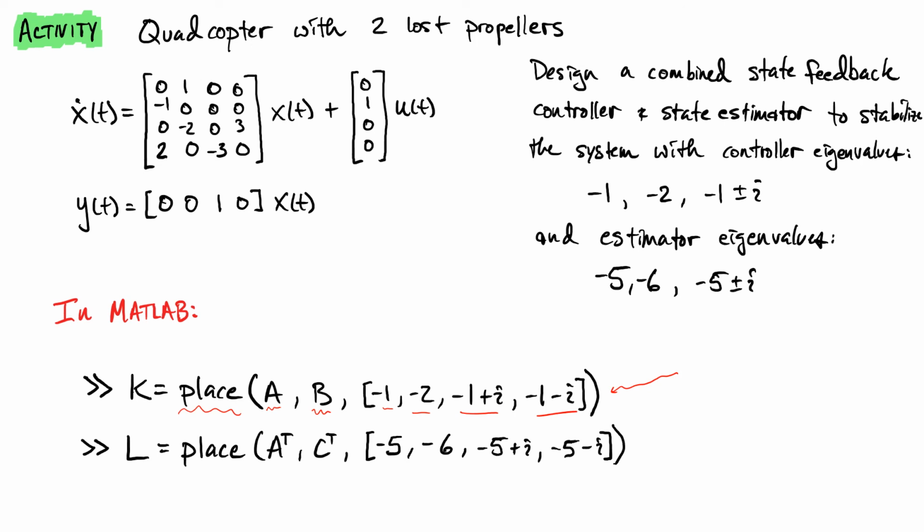For the estimator design problem, the pole placement for the estimator, it is the same command, so you need to use the transposes: you're going to pass in A transpose, you're going to pass in C transpose, and then give it the poles. And then that will give you the K and L matrices that achieve these poles in closed loop and should be the exact same thing that we calculated by hand in the last couple slides.